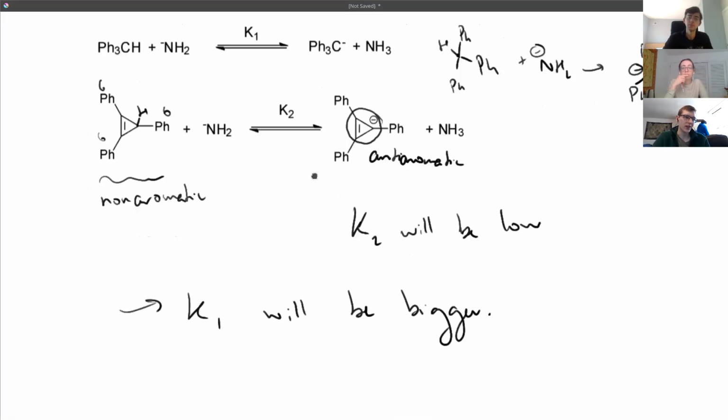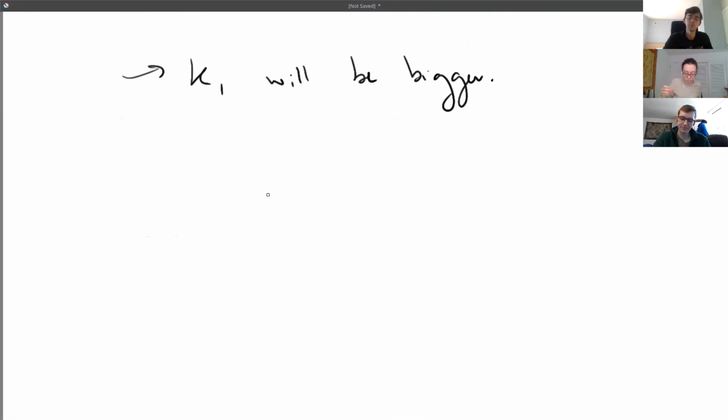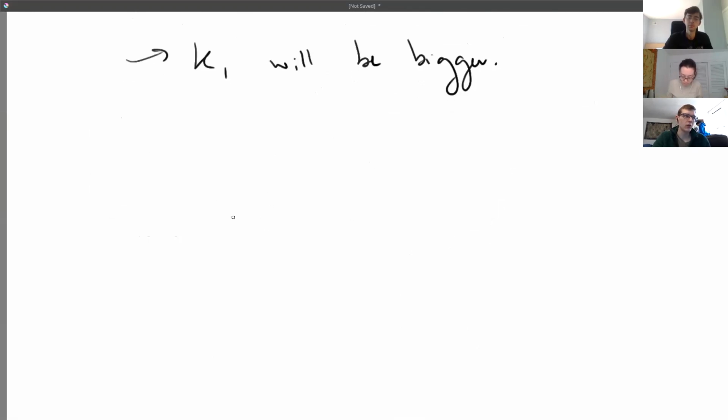So for example, if you have just a linear molecule and you put a plus charge on here, a minus charge on here, and then you have a molecule with the same number of carbons and the same number of double bonds, but it's cyclic.